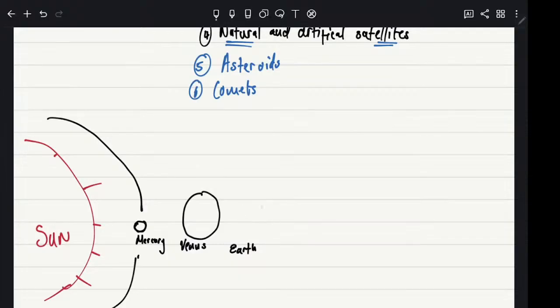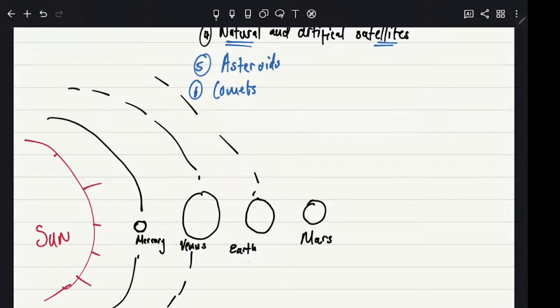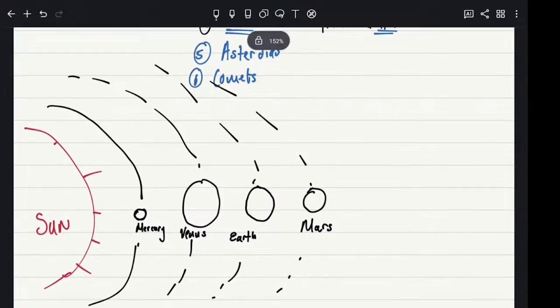And people really love Mars, eh? That's the one they've tried to go to see if there's life on Mars. It's this one after Earth. It's further from the sun, but it's also going around the sun. Then the next one, which is much, much bigger, the biggest, is Jupiter.